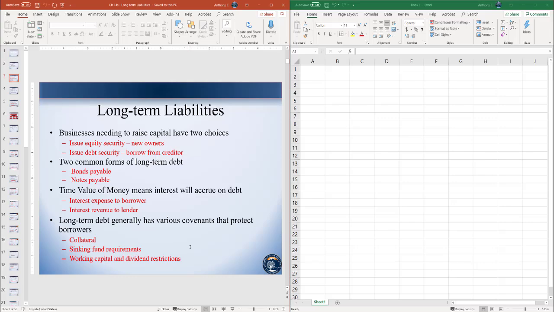And then the last part here, I'm not going to really ask you about these covenants, just so you have more basic business knowledge and you're aware of them. Generally, for someone to give us a long-term debt, they'll incorporate several covenants to protect themselves. For example, they may require collateral, in which case we have to pledge an asset. If we don't pay back the debt, they get to take the asset we pledged as collateral.